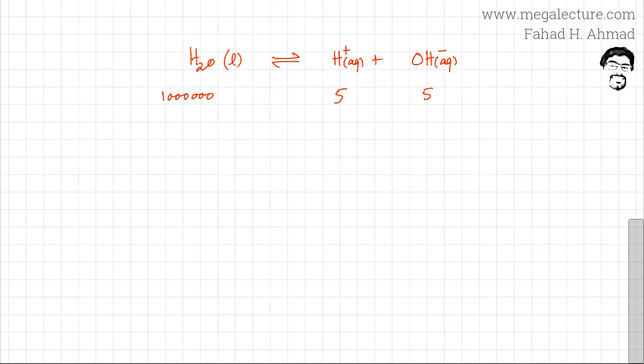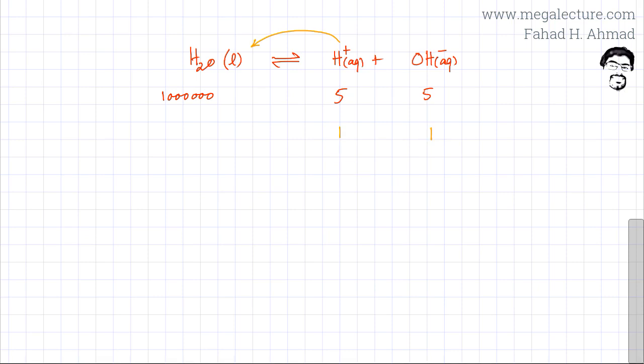Now let's say the equilibrium shifts to the left, which means it goes backward, and it strongly shifts to the left. Let's say 80% of the products get converted into water. So if the equilibrium shifts to the left, 80% of the H plus 1 and OH ions get converted into water molecules. So you're left with just one H plus 1 at equilibrium and one OH ion at equilibrium.